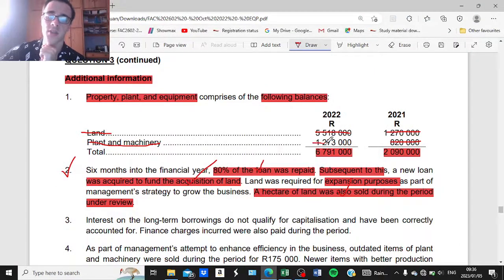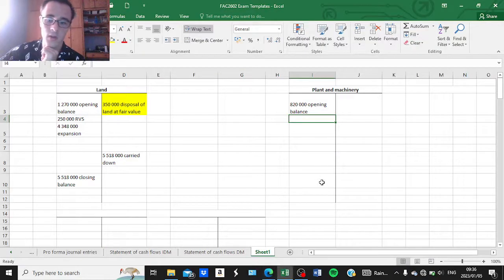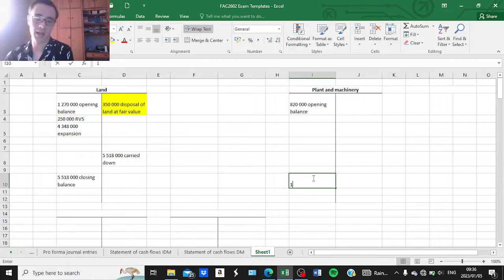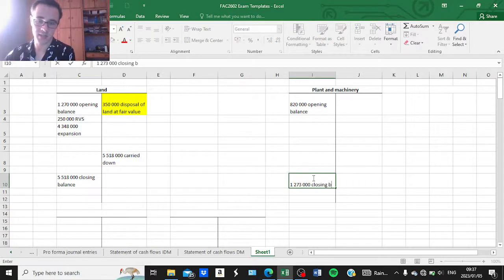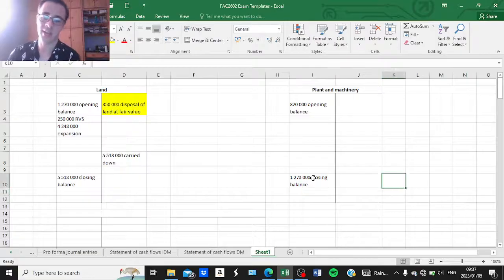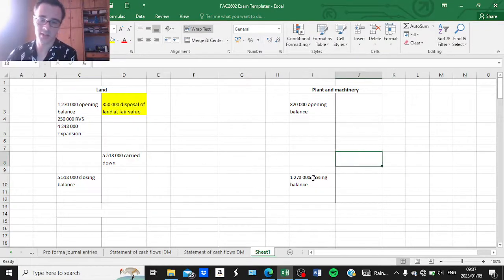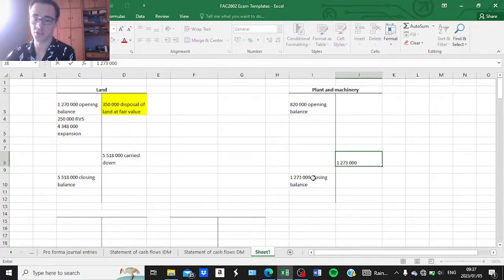And then we had a closing balance of 1,273,000, which once again was carried down from the credit side. So this is the closing balance. As I've indicated previously, please make sure that you are able to draft your general ledger accounts correctly.